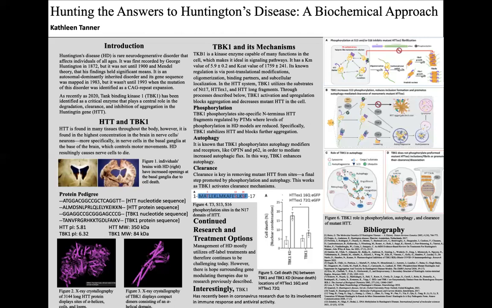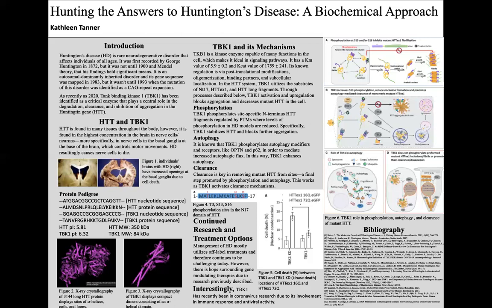Next, if you look in block D, it simply indicates that one thing to note is that TBK1 doesn't phosphorylate pre-formed mutant HTT inclusions or fibrils or promote their clearance or dissociation in vitro. Additionally, to observe overall results of TBK1's role in the system, you can see in figure 5 the cell death, represented as a percent.